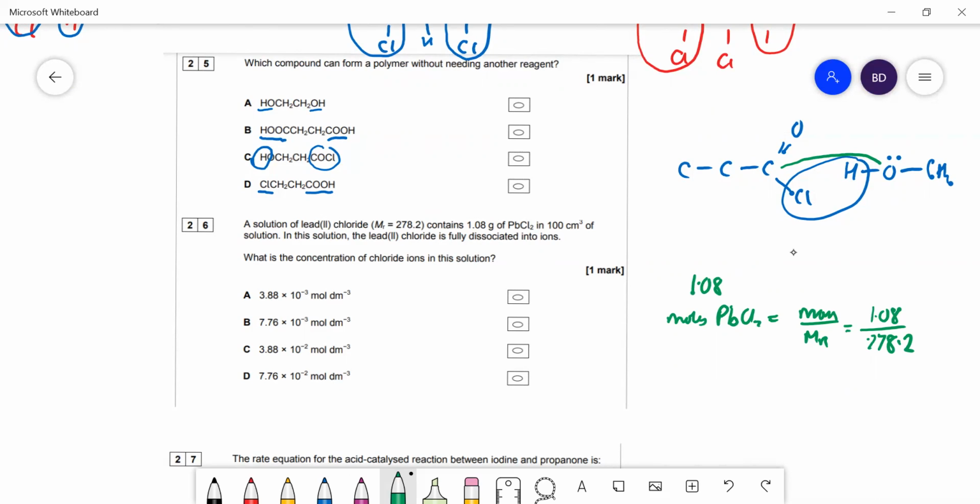That gives us 0.388 moles of lead chloride. Right, so the concentration in moles per decimeter cubed is moles over volume. The volume we have is 100 centimeters cubed, so that's 0.388 over 0.1, which is equal to 3.88 moles per decimeter cubed.